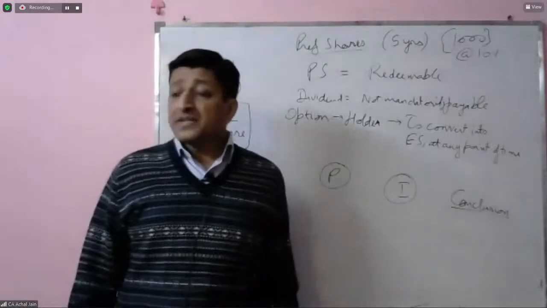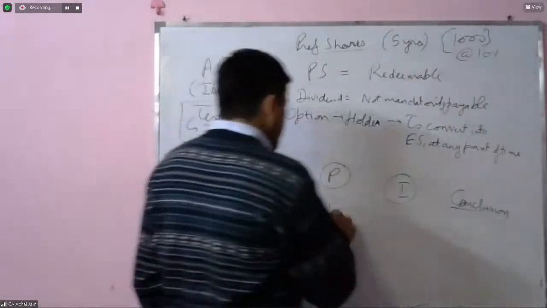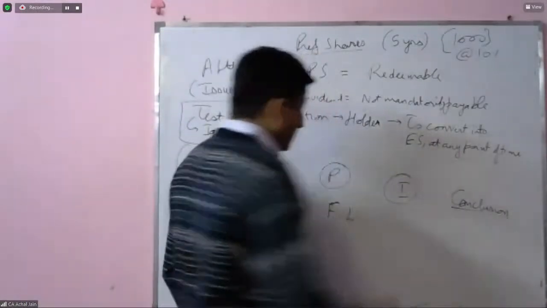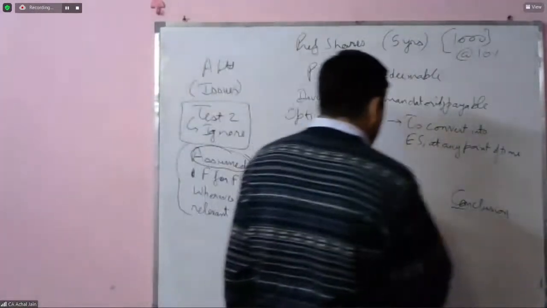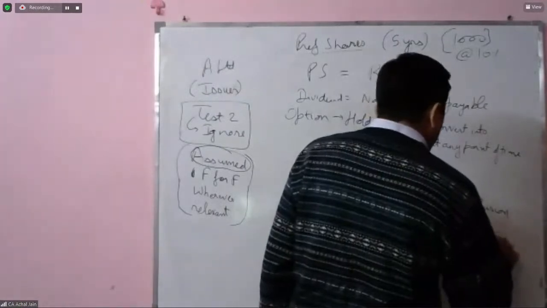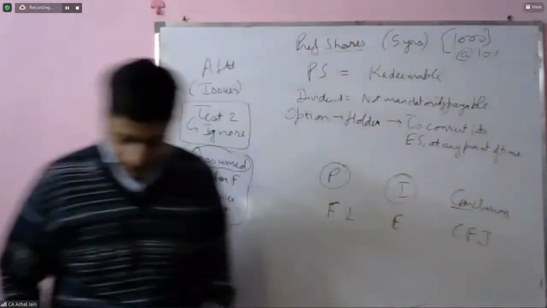Costa is saying that principal will now become financial liability and interest will be equity, and therefore it will be a compound financial instrument.